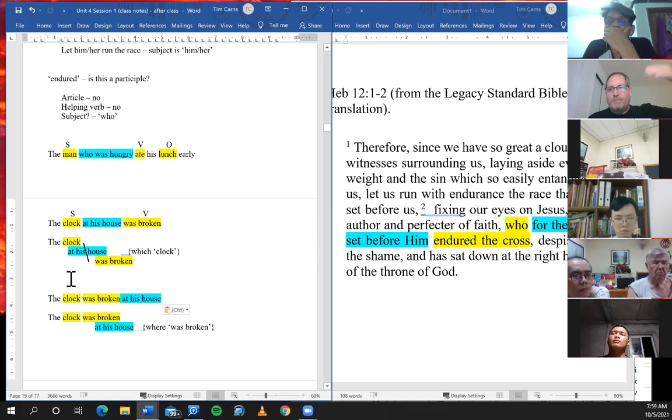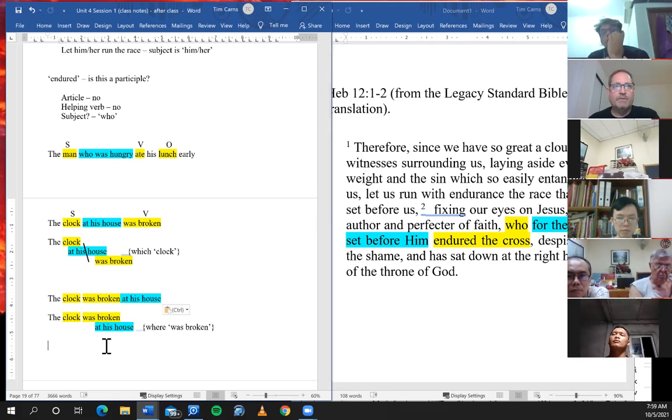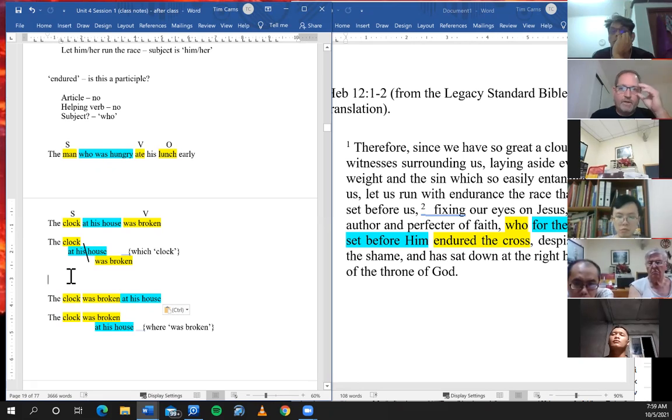It's telling us something about the clock. It's identifying the clock. But in the second sentence, at his house is identifying the location where the clock was broken. It's modifying the action, whereas in the first sentence, it's modifying the noun. Okay?